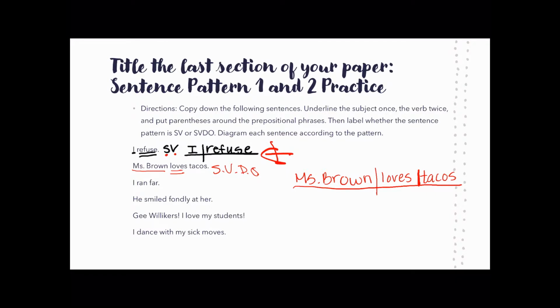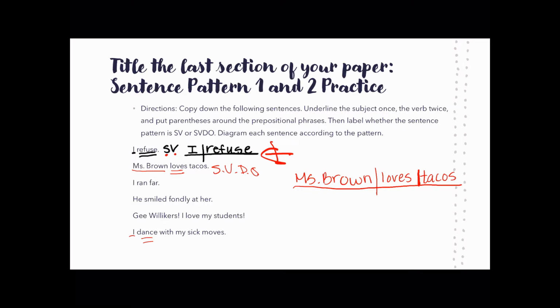And let's do one with a prepositional phrase just to help you. I dance with my sick moves. You know I made these sentences. I'm hip. We know that our verb is dance because it's something we can do. Who dances? I do. With my sick moves.